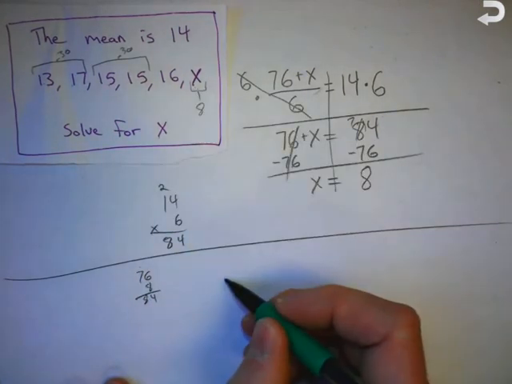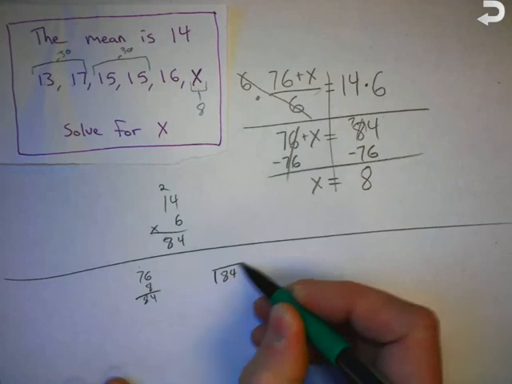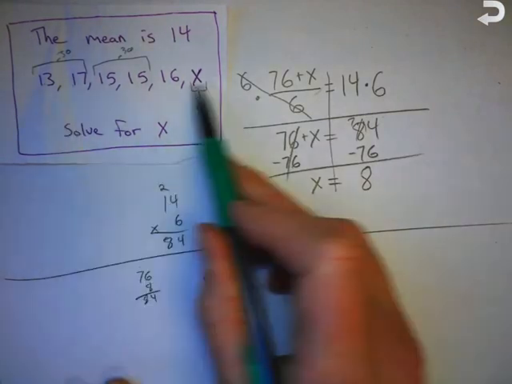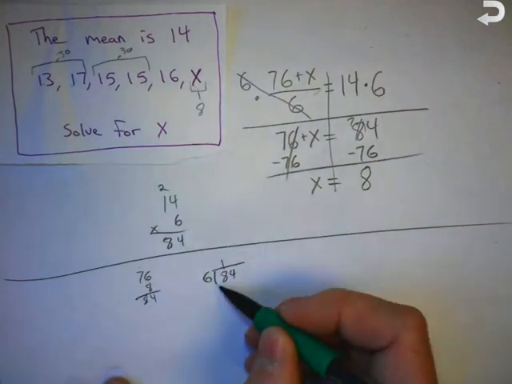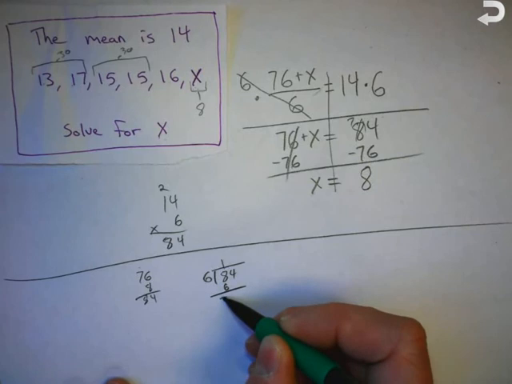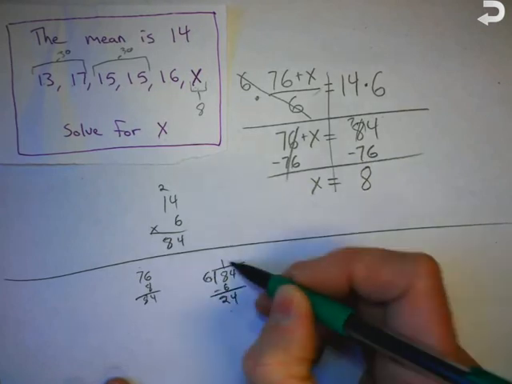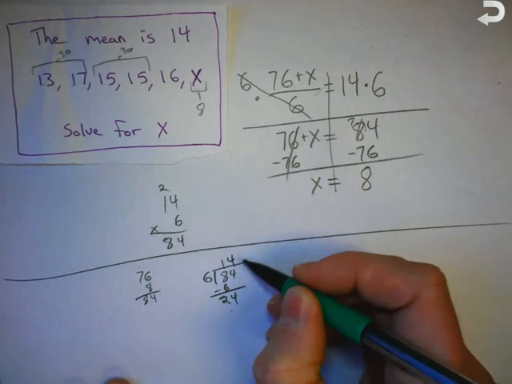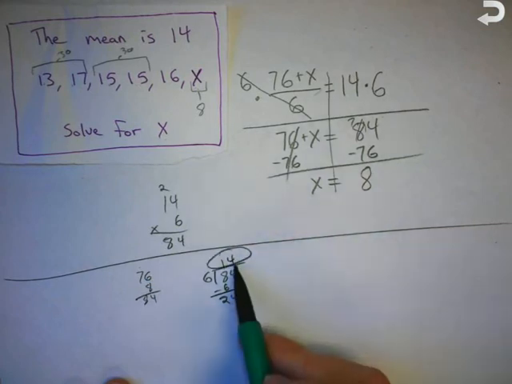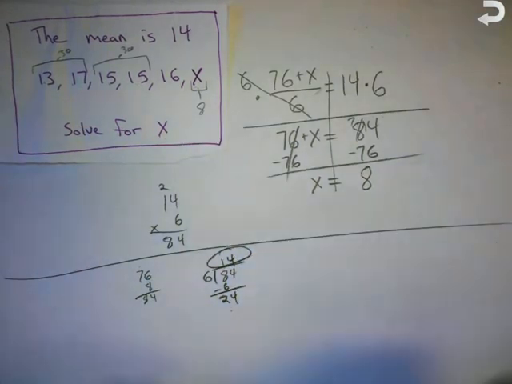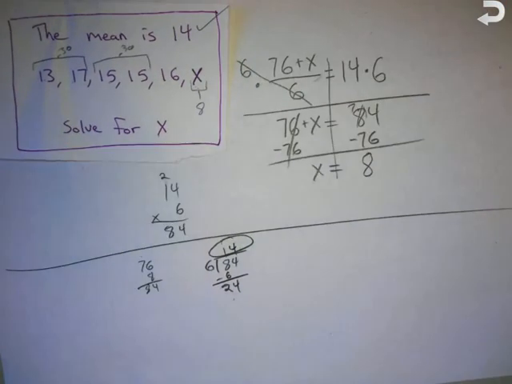Okay, so 84 divided by 6, and it's 6 because there's 6 data points here. 6 goes into 8 once. Subtract that, and we get 24. 6 goes into 24 4 times. So the mean that we got is 14, which is what we originally were given.